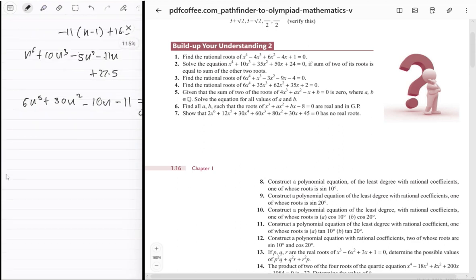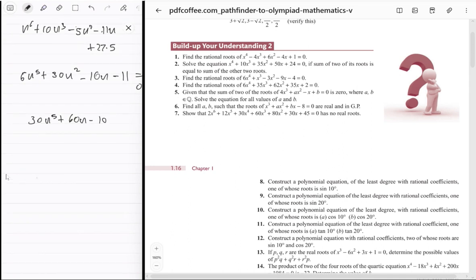That would simplify everything. The derivative of this is 30u^5 plus 60u, minus 10, right? Sorry, u^4. Is this always positive? What am I even trying to do with this?